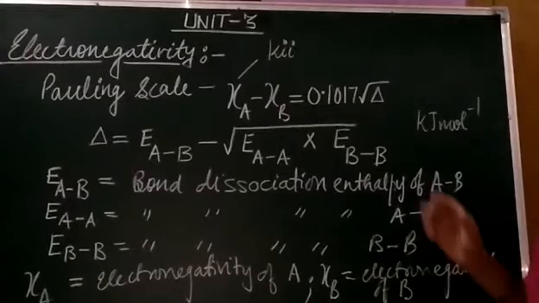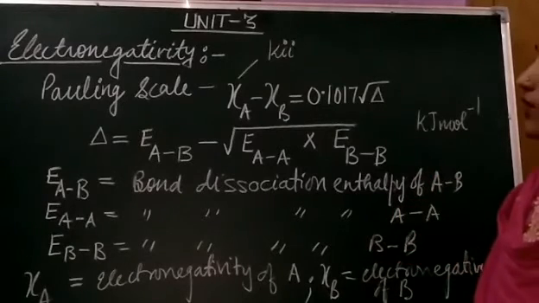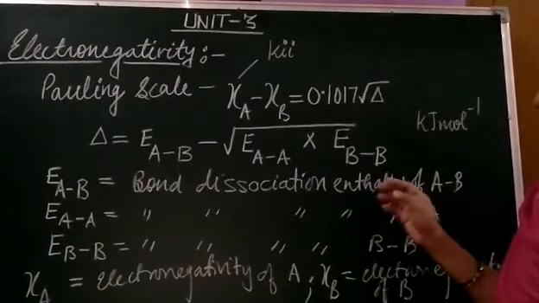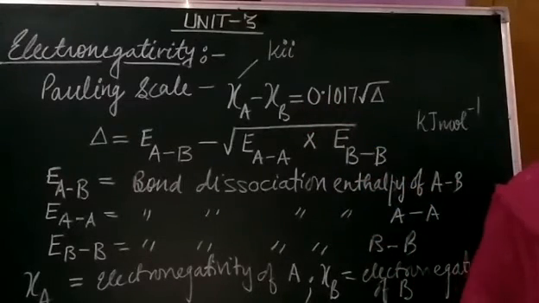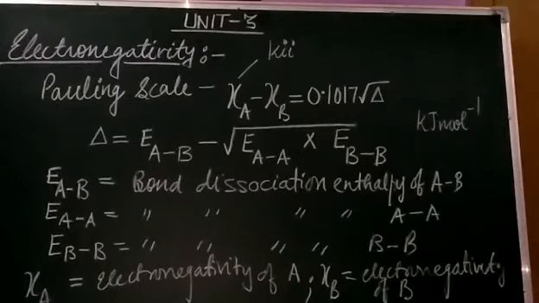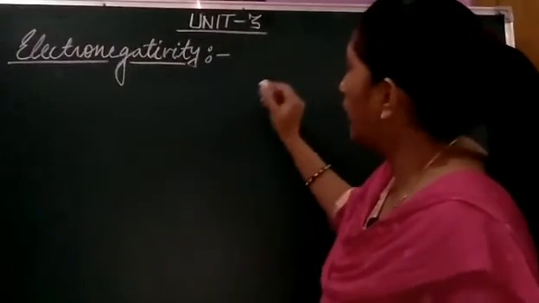So by knowing the electronegativity value of one element, the electronegativity value of the other element can be determined, right? Now next we are going to discuss the factors on which electronegativity depends. Now students, electronegativity depends upon two factors.